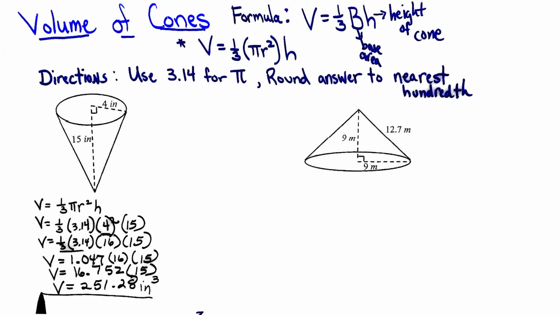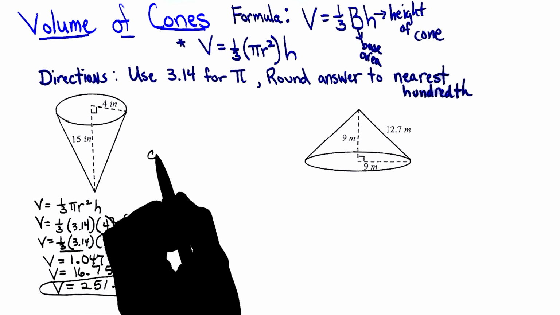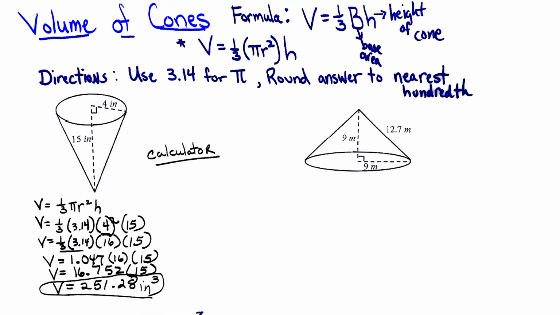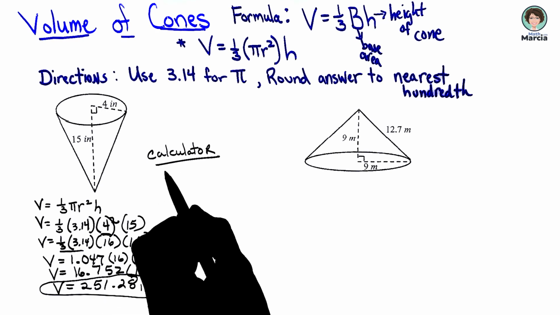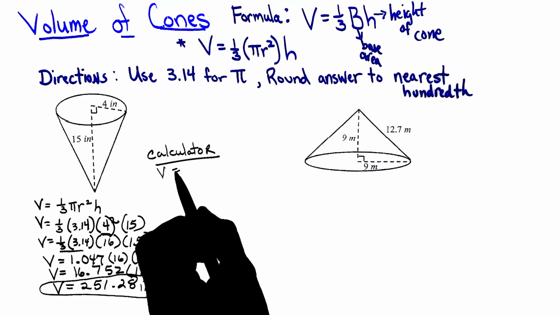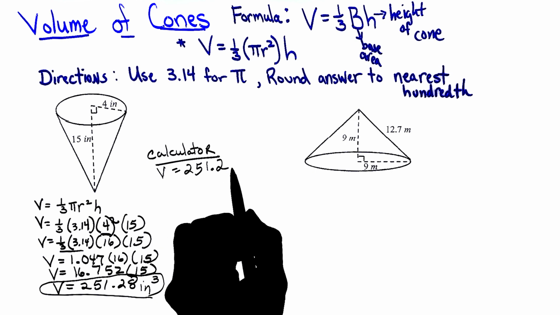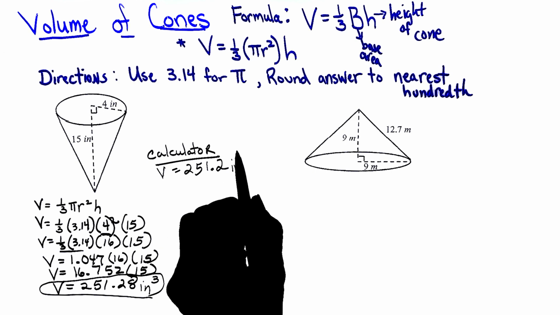So here is the answer if you multiplied. So let's say you actually used a calculator. I'm just going to write my calculator answer up here. If I did not multiply all those out, I just put everything into the calculator, and you would have gotten the volume is equal to 251 2/10 inches cubed.